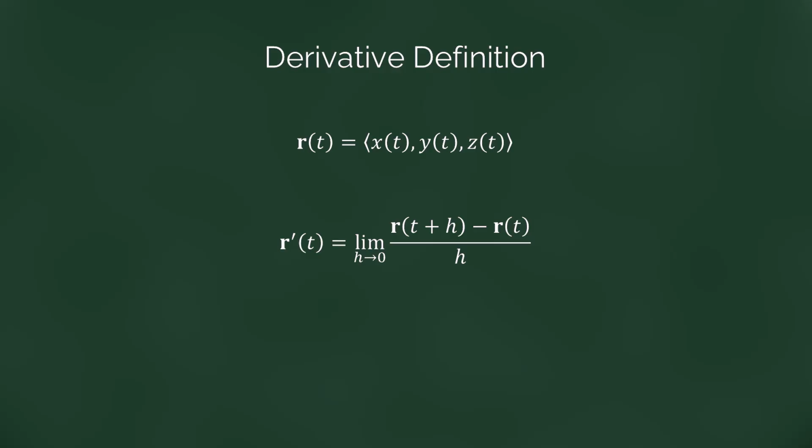And then we can factor out our vectors. So this gives us the limit as h approaches 0 of x of t plus h minus x of t all over h times the vector i, plus y of t plus h minus y of t over h times the vector j, plus z of t plus h minus z of t over h times the vector k, which means that we get x prime of t times i plus y prime of t times j plus z prime of t times k, which can be rewritten in component form as x prime of t, y prime of t, z prime of t.